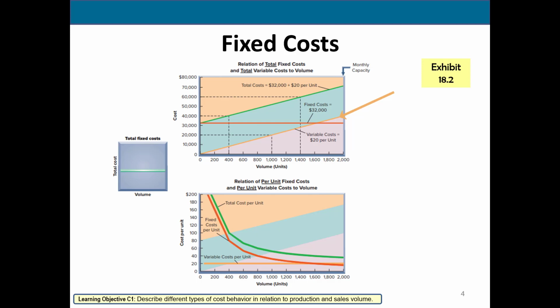When variable costs are plotted, they appear as a straight line starting at the 0 cost level. The lower graph shows that fixed cost per unit decreases as production increases. This drop in per unit cost as production increases is called economies of scale.